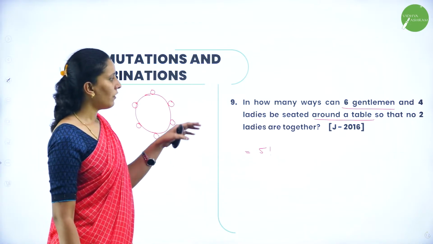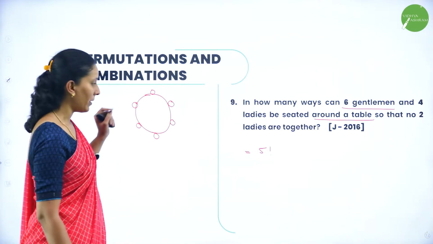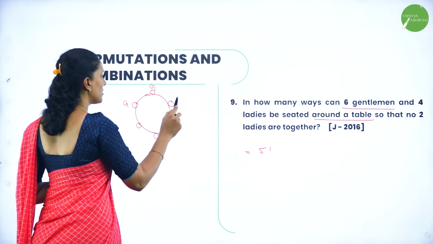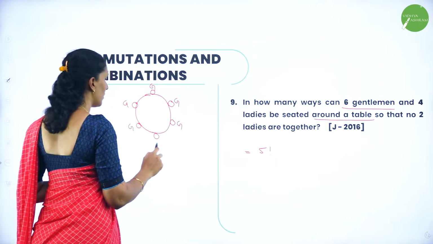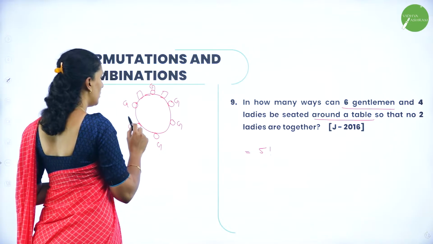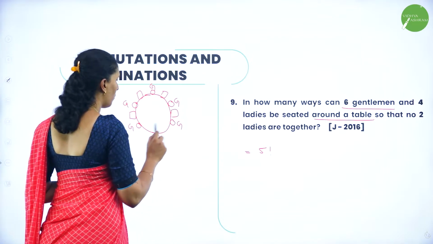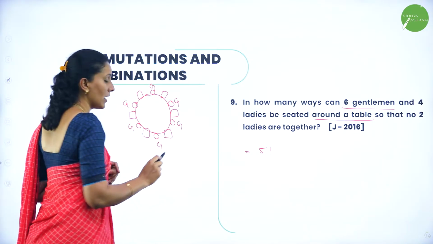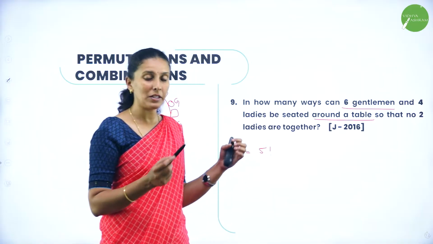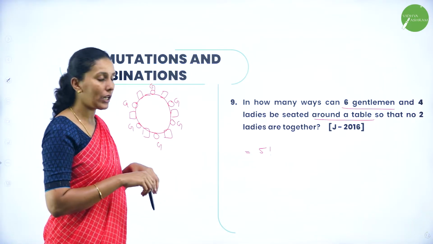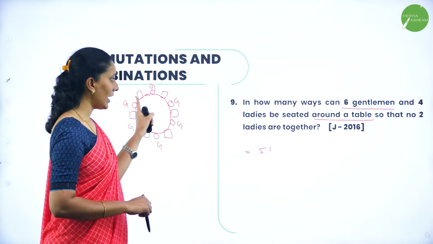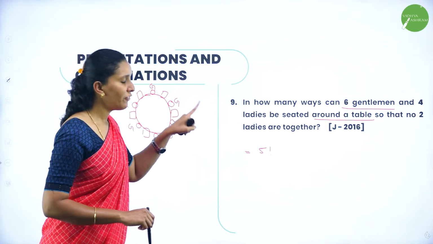And I need to fill 4 ladies between the gentlemen. How many positions do I have here? If I consider this as gentlemen, how many positions are left for ladies there? 1, 2, 3, 4, 5, 6. Because they have given the condition that no two ladies can sit together, obviously they have to sit between gentlemen. So I have 6 positions for the ladies, but I have only 4 ladies.